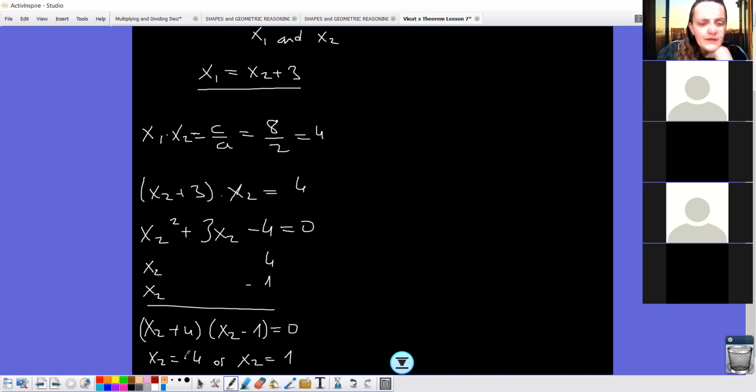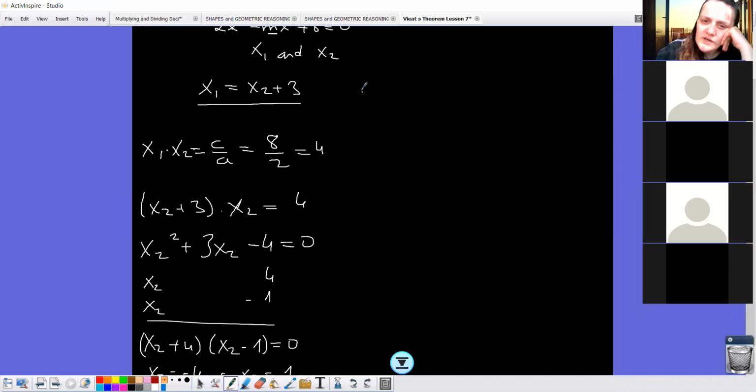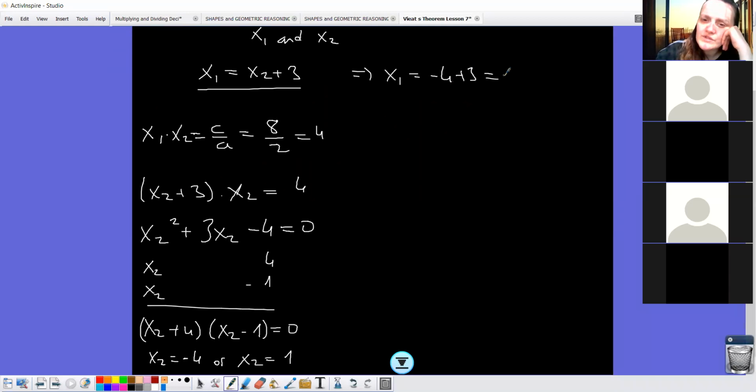We found something here. According to this, x1 will be what we found here, minus 4 plus 3, which is minus 1, or x1 will be 1 plus 3, which is 4.